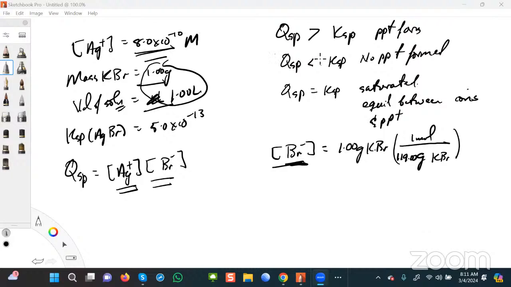So up to this point, you would have determined the number of moles of potassium bromide. What next? Remember, the aim is to get the molarity of the bromide ions. So you need to multiply this by another conversion factor. What would that be?